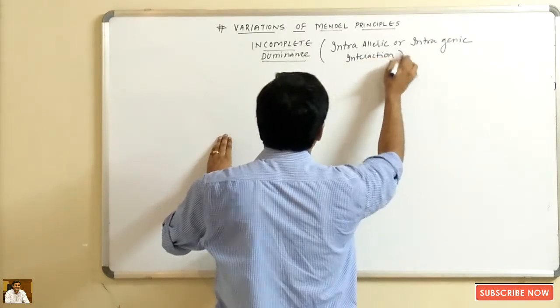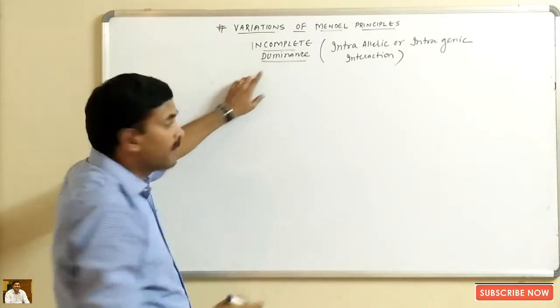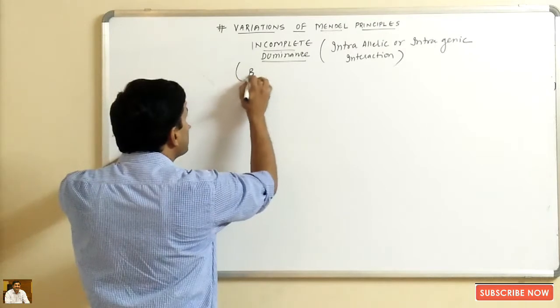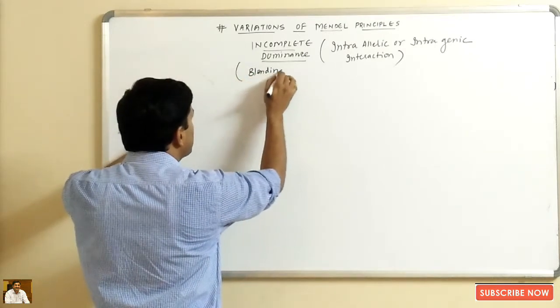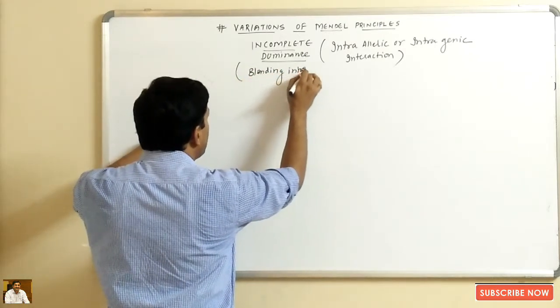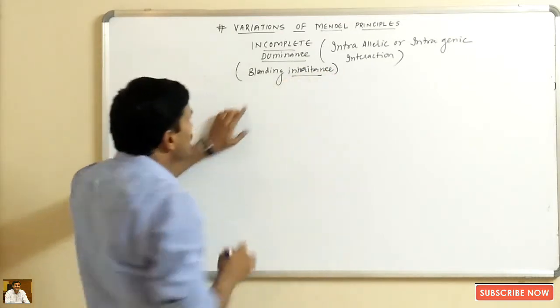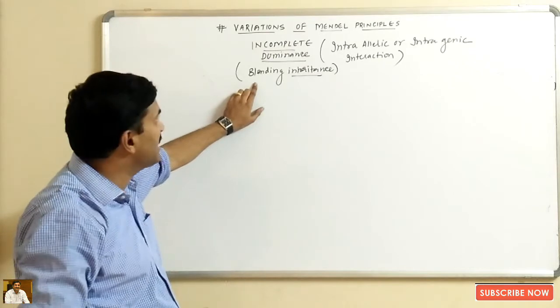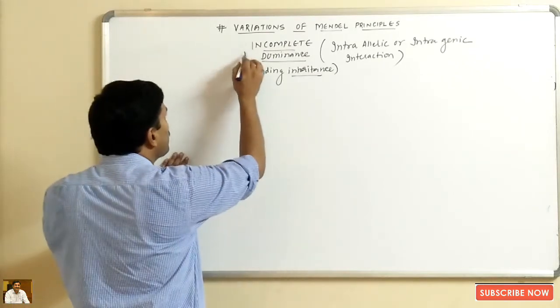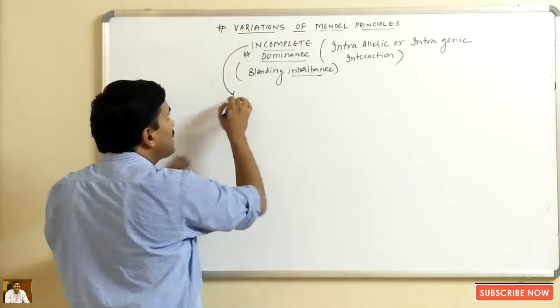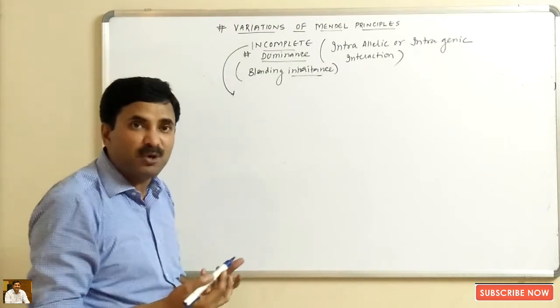Now incomplete dominance is also called blending inheritance. In a couple of minutes I will explain why it is called blending inheritance. First of all you must know why incomplete dominance is called incomplete dominance.